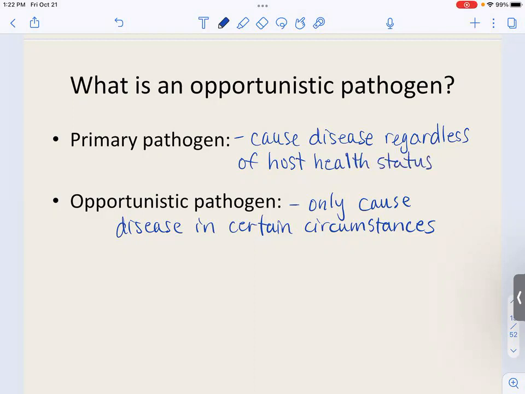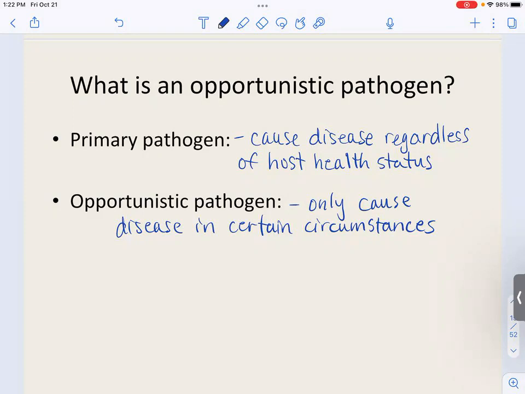Okay, so some examples. A primary pathogen, or what we sometimes call a true pathogen, it doesn't matter who you are, it doesn't matter if you're the picture of health, a true pathogen could make you sick. Rabies, influenza, anthrax, there's a ton of true pathogens. An opportunistic pathogen is only going to make an individual sick if the conditions are just right.